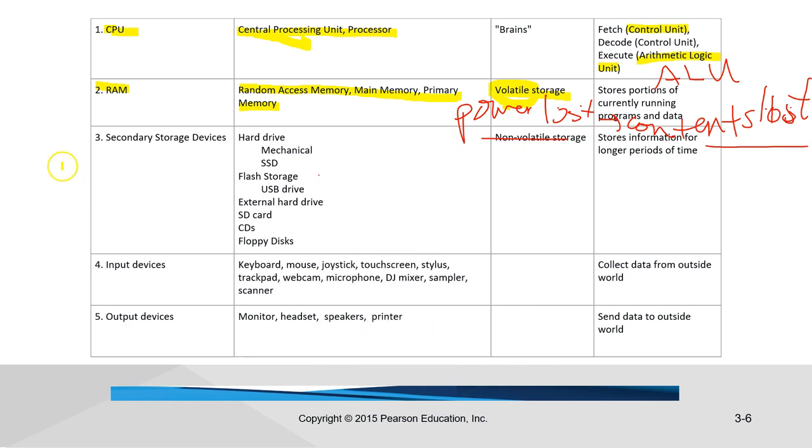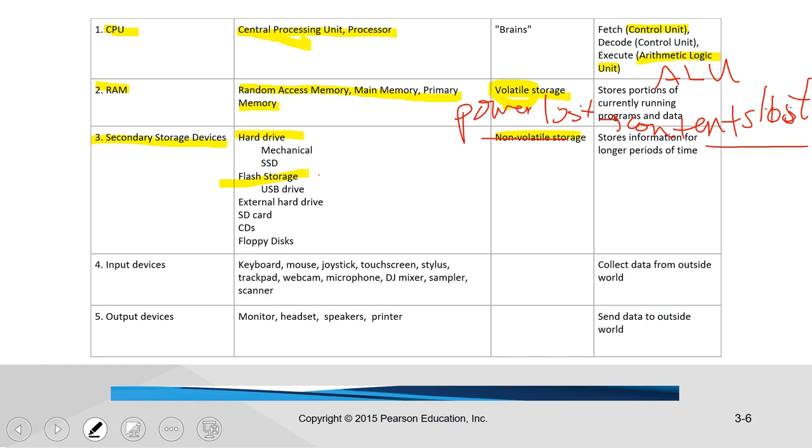Well, the third category of hardware does just that. It's secondary storage devices. These are non-volatile forms of storage. Some examples are hard drives, flash storage, and there are different types of hard drives, by the way, but they would all be categorized as secondary storage devices.